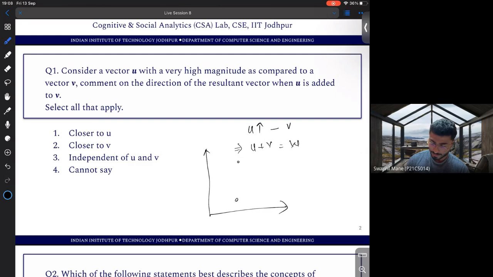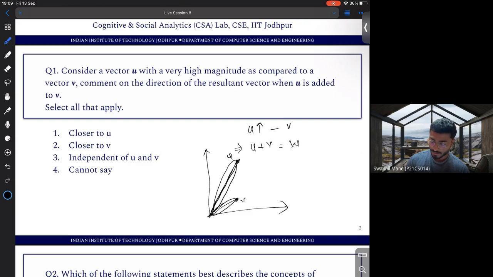Let's name them u and v. It passes from the origin. The magnitude is the distance from the origin point to that particular coordinate, and this magnitude is very high compared to that magnitude.